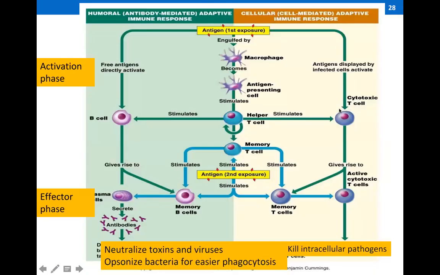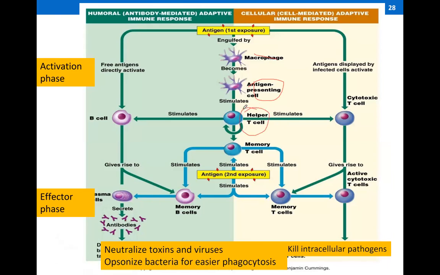Okay? But also, during this antigen first exposure, as engulfed by the macrophages, it becomes an antigen-presenting cell. The antigen-presenting cell will only present this macrophage-engulfed antigen in T helper cell. Please take note of this.